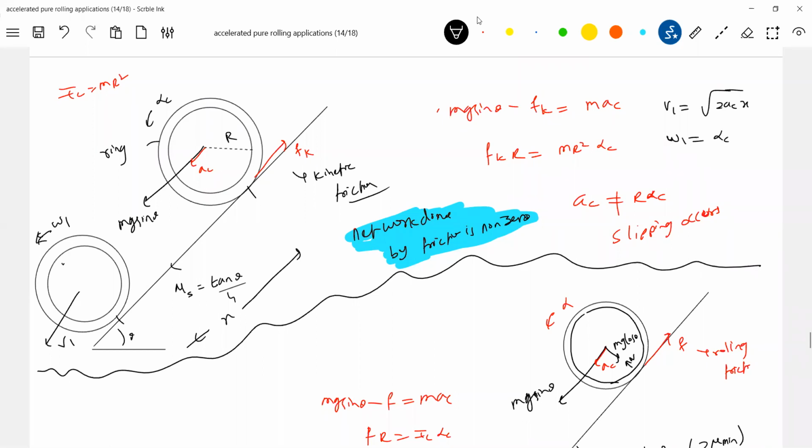Root of 2 alpha c into the angular displacement, you call it. Or if you know time, you can apply equations of motion and work out. Nothing that you can't find out the velocities. You can find out: individually calculate velocity, individually calculate the angular velocity. But you can't write v1 equal to r omega 1. v1 is in fact not equal to r omega 1, because slipping occurs.